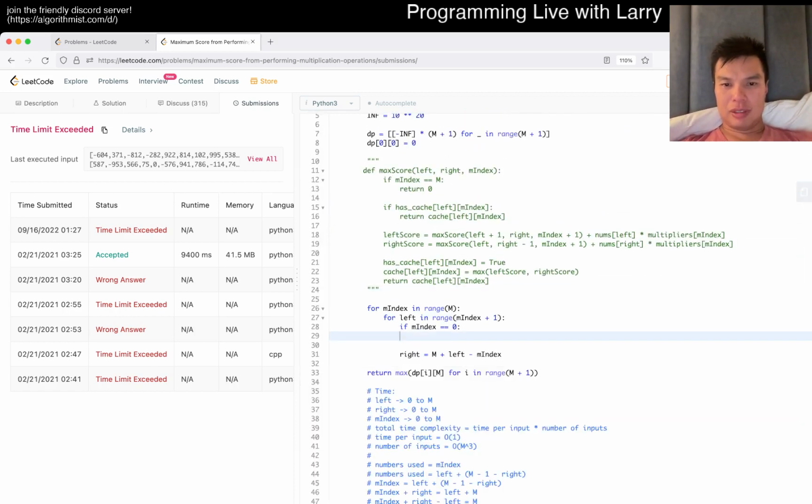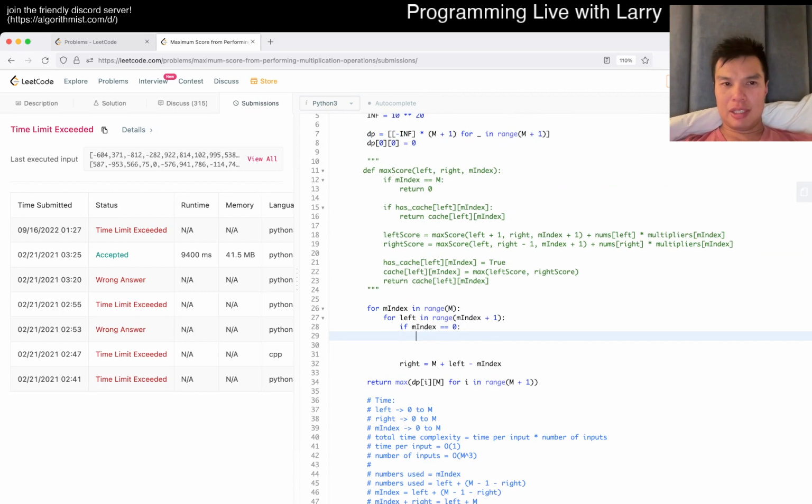Okay, this is equal to 0, then what? dp of m index of left. Well, we haven't used it yet, I guess.